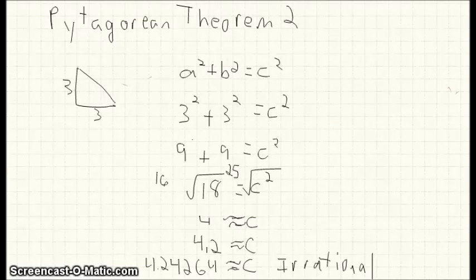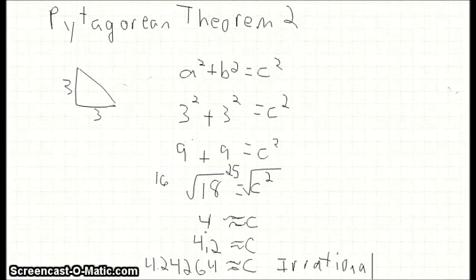And later we'll give you some other ways to deal with irrational numbers. But for right now, just estimating it is good enough. And depending on what you're asked to estimate, you can get closer and closer, like we did with getting 4 and then 4 and 2/10 and then 4.24264. But they're all just going to be estimations.